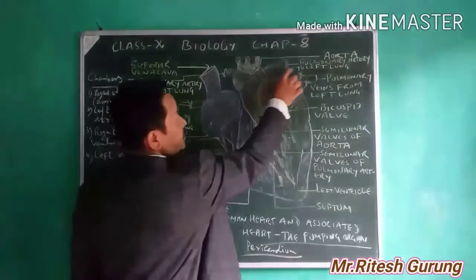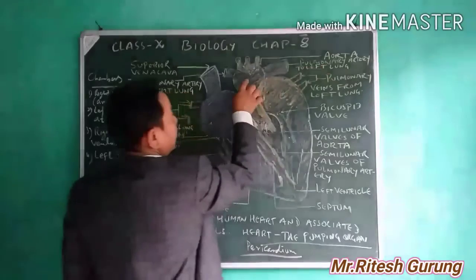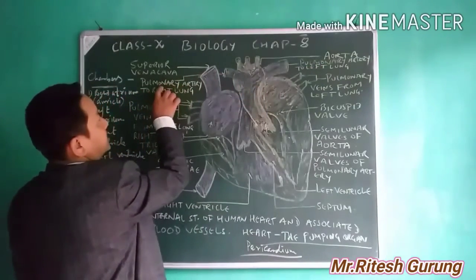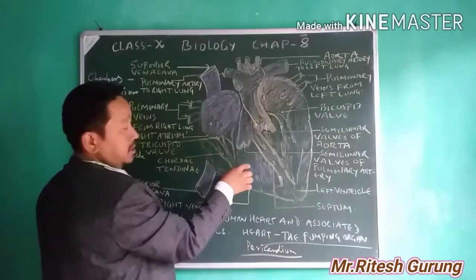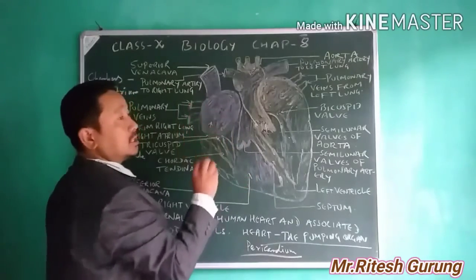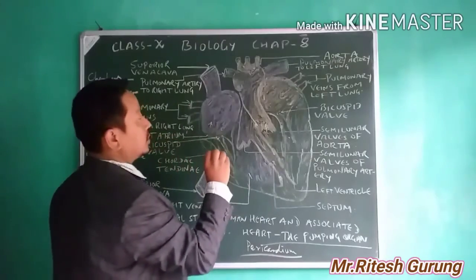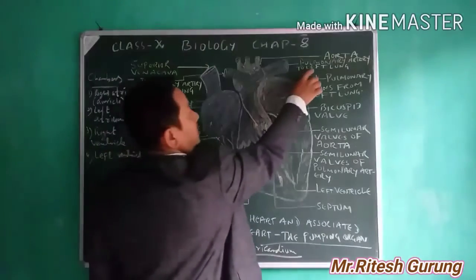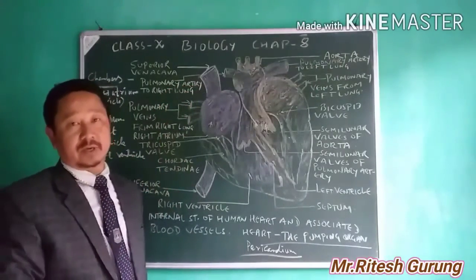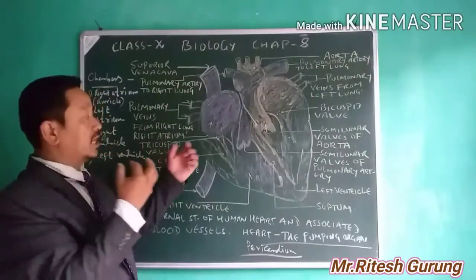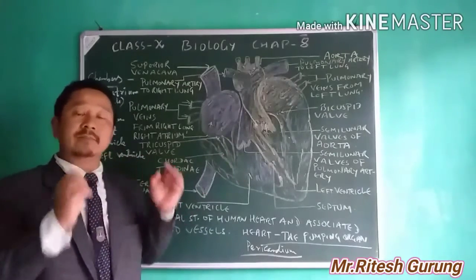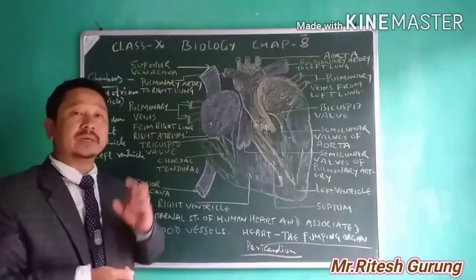Through this pulmonary artery to the left lung, and the other branch of the pulmonary artery to the right lung. That means your right ventricle will send the impure blood to the left lung and the right lung for purification, because the blood which has been collected here is impure, so that blood is to be purified.